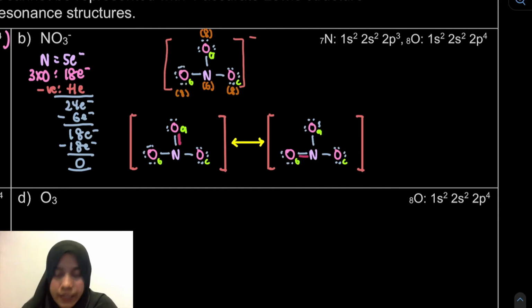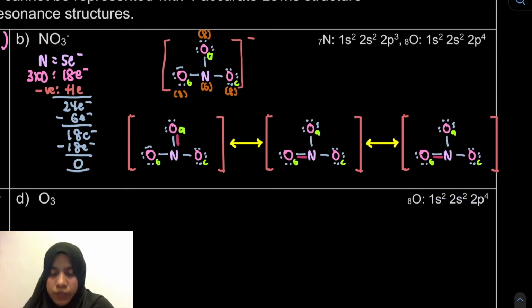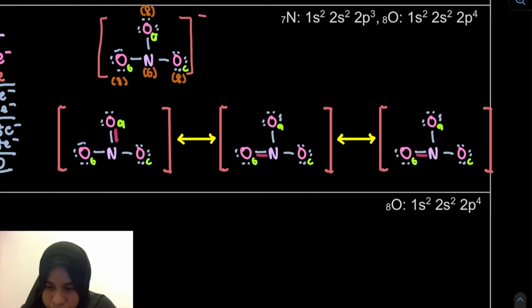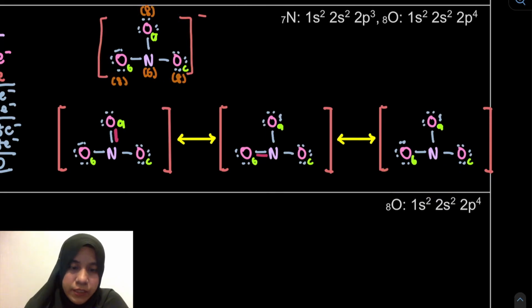So dekat sini dia akan jadi... Okay, so dekat sini padam balik yang double bond ni. Oksigen B. Okay, dalam case ni, Miss ambil yang original balik tau. Jangan copy paste. Ni tadi, oksigen A dah buat. Oksigen B pun dah buat.